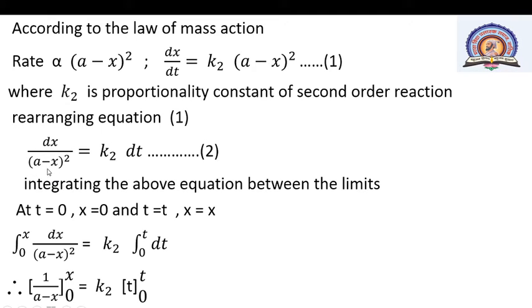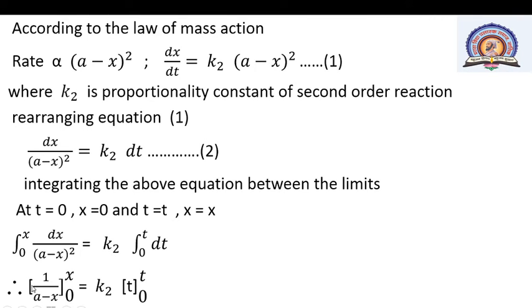Now integrating this equation between the proper limits: at t equals 0, x equals 0, the lower limits, and at t equals t, x equals x, the upper limits. Integrating from 0 to x, dx divided by (a minus x) squared equals k2 times the integral from 0 to t of dt. We write k2 before the integration sign because k2 is a constant.